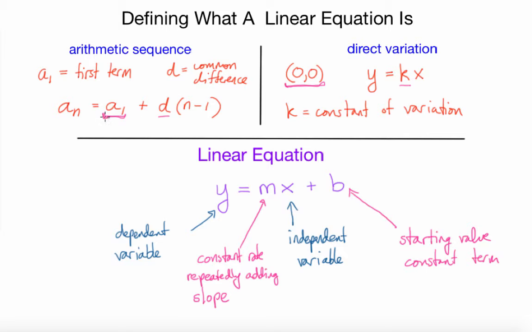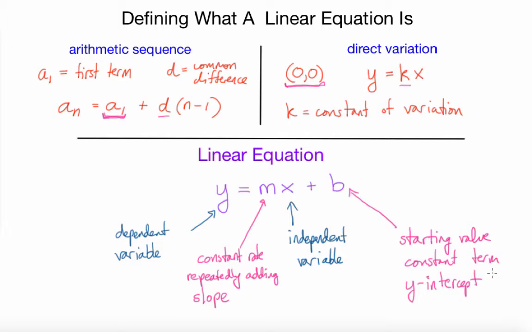In our arithmetic sequence, we started at the first term. That's what b is. It's a starting point, and from there I'm growing or changing based on what my constant rate m is. It's our constant term because it's just a number with no variable attached. We also call it the y-intercept. We'll see why as we get into graphs.